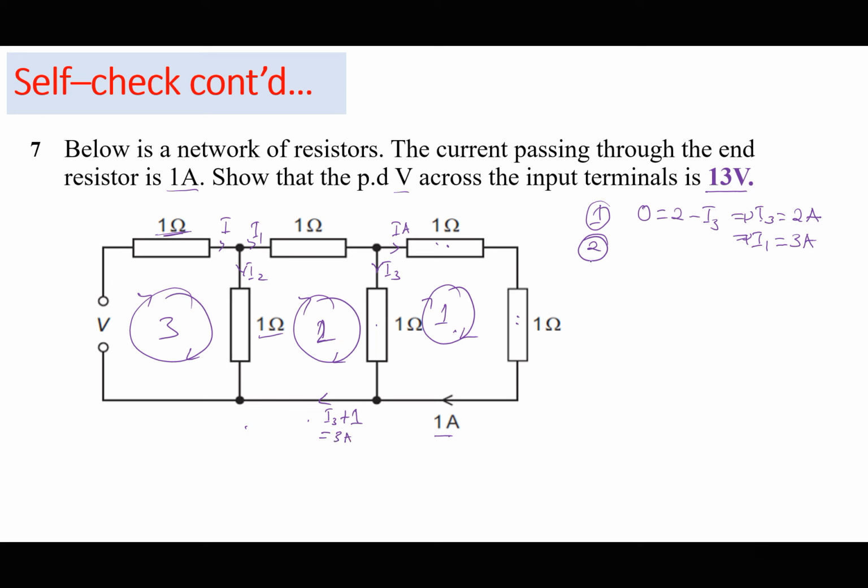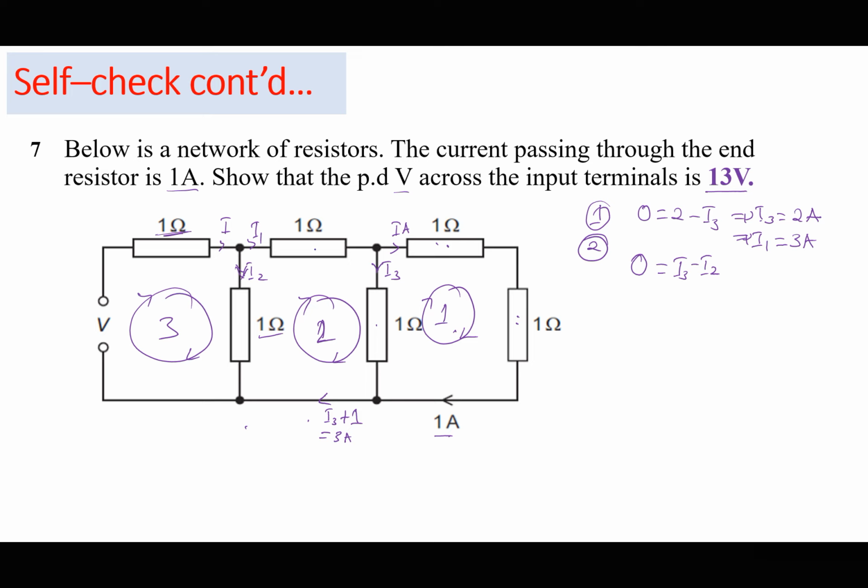Then when I consider loop 2, there is no cell, so the EMF is 0. PDs. I3 is in the same direction as the loop, so this is going to be I3 times 1, which is I3. Then I2 is in the opposite direction to the loop, so this would be minus I2 times 1.